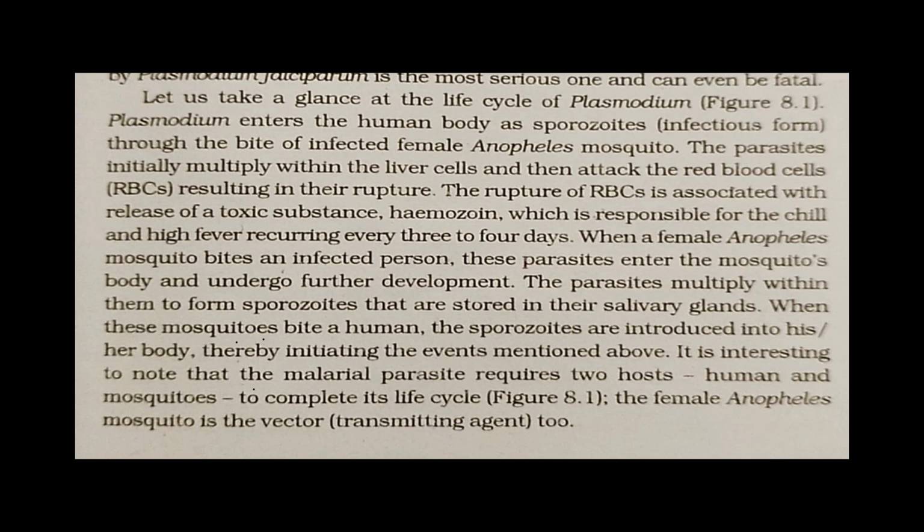When these mosquitoes bite a human, the sporozoites are introduced into his or her body, thereby initiating the events mentioned above. It is interesting to note that the malarial parasite requires two hosts, human and mosquito, to complete its life cycle. Figure 8.1. The female Anopheles mosquito is the vector, the transmitting agent, too.